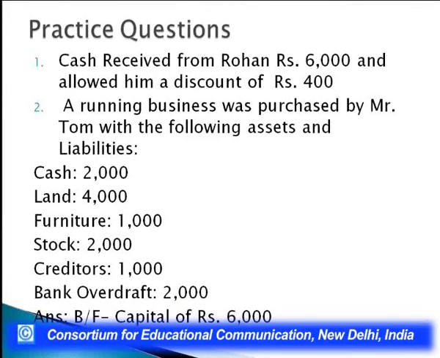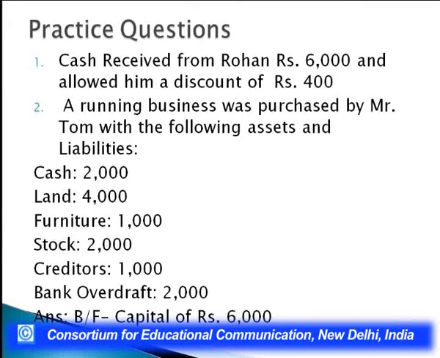What is the difference? The 400 discount allowed is an expense for the business. It's a loss for the business. Expenses and losses have a debit balance, so 400 would be debited. So 6,000 cash debited, discount 400 debited, and Rohan credited.